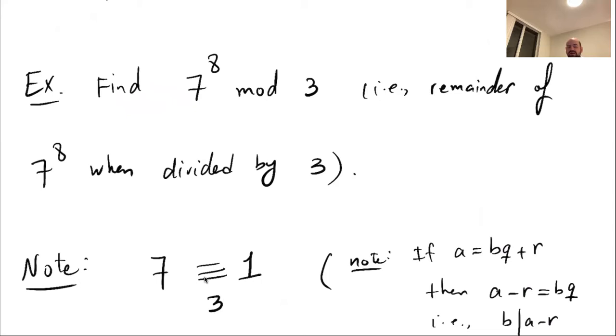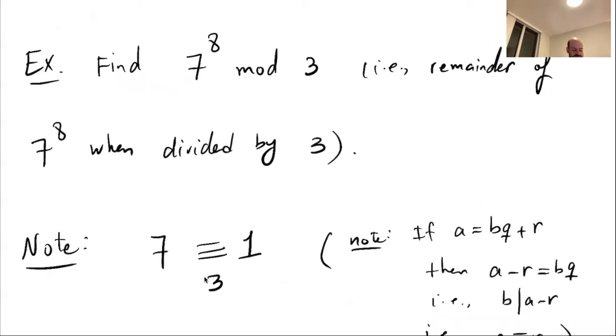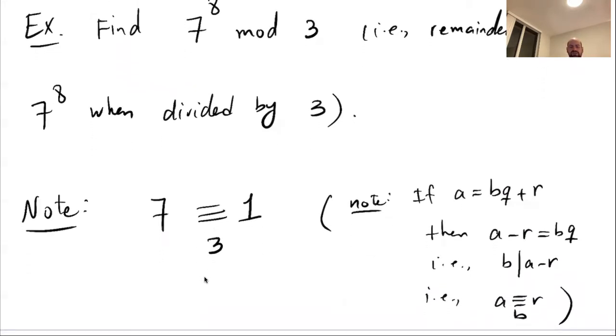Well, that's obvious. And this means that 7 is congruent with 1 mod 3. So here I mentioned a general fact: if you divide a by b and you get a remainder r, then a and r, the number and the remainder, are always congruent mod the divisor. Why is that true? Let's assume you have a number a and you divide it by b, you get the remainder r.